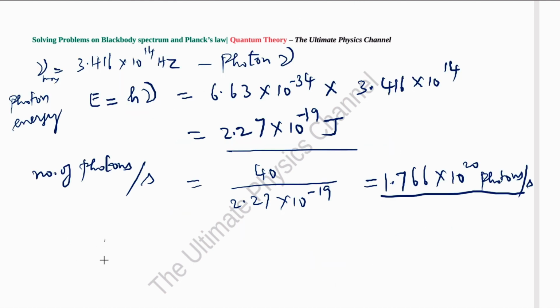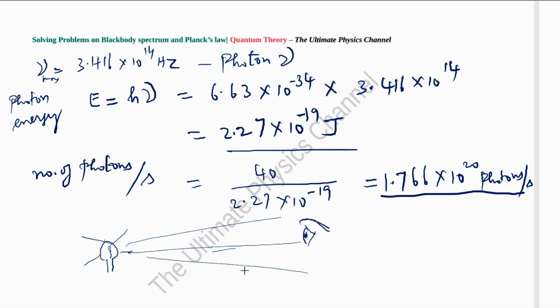So from this bulb, the filament emitting this way, the human eye is at about 5 meters here, right, from this bulb. This distance is 5 meters.